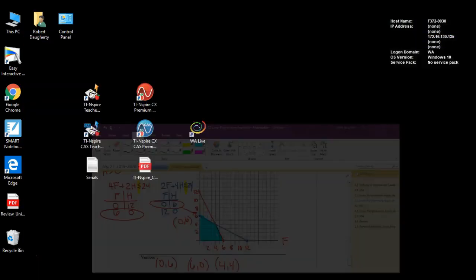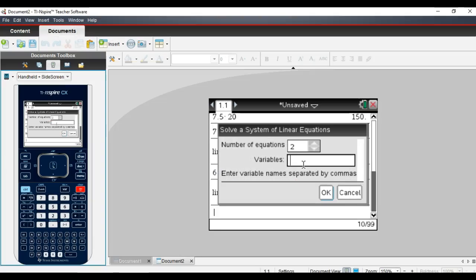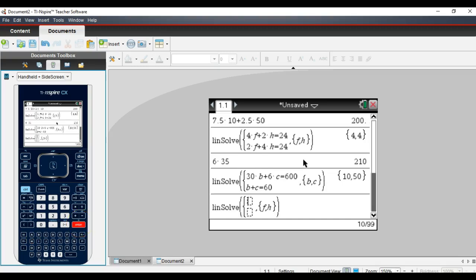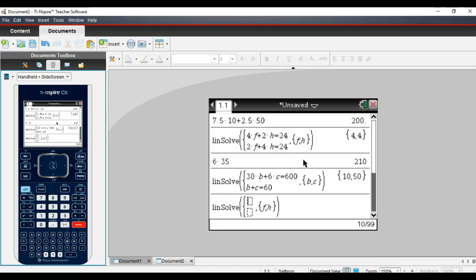The first one was 4f plus 2h, where I'm graphing the line where it equals 24.